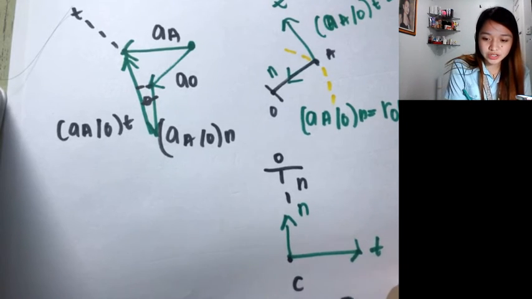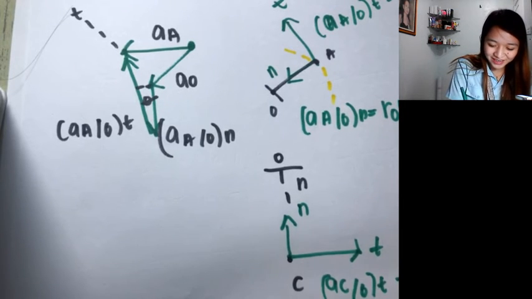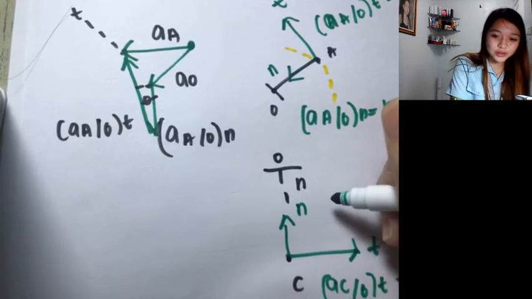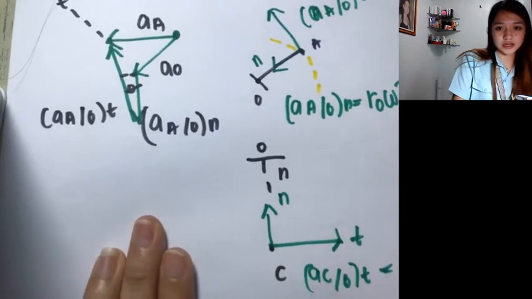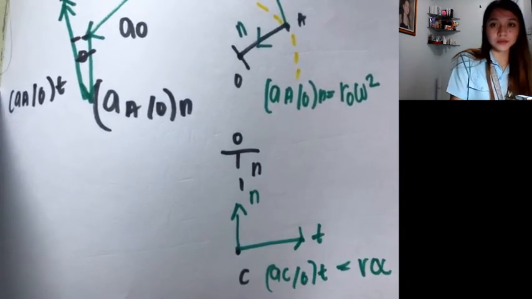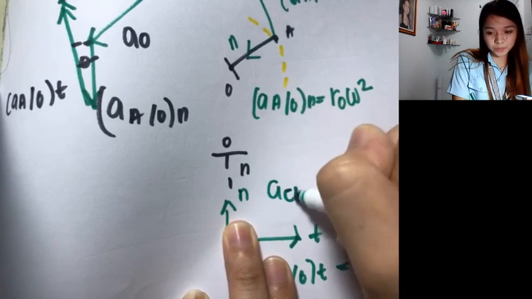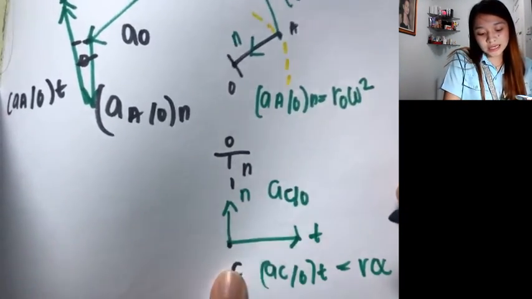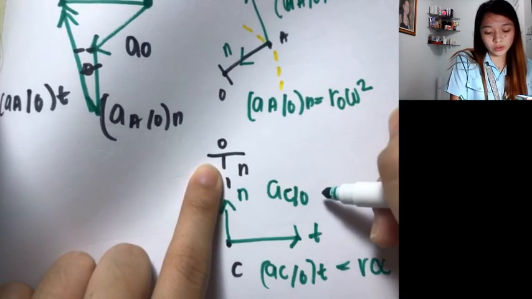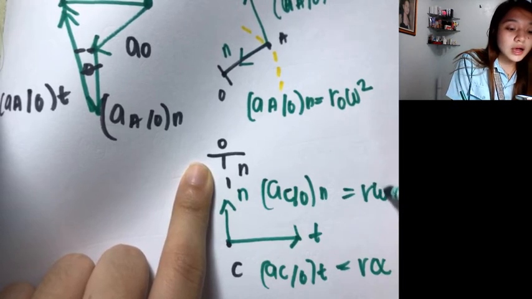So for our tangential, we have AC to O, T equals R alpha. Our normal value here, as you can see, the normal value here is A to C, C to O, acceleration C to O, normal is equal to R angular squared.